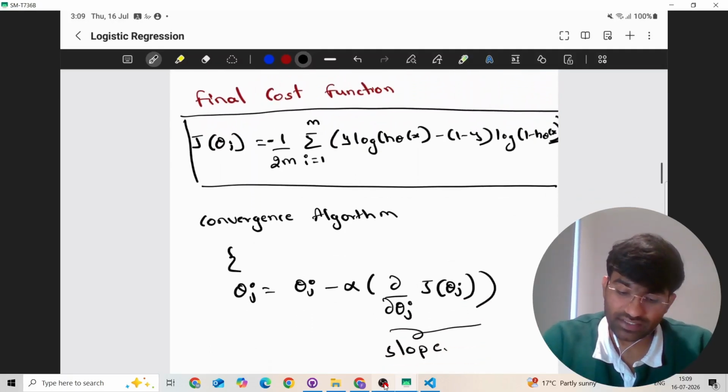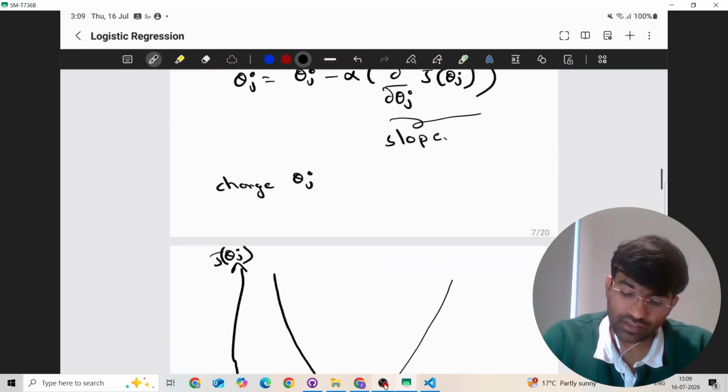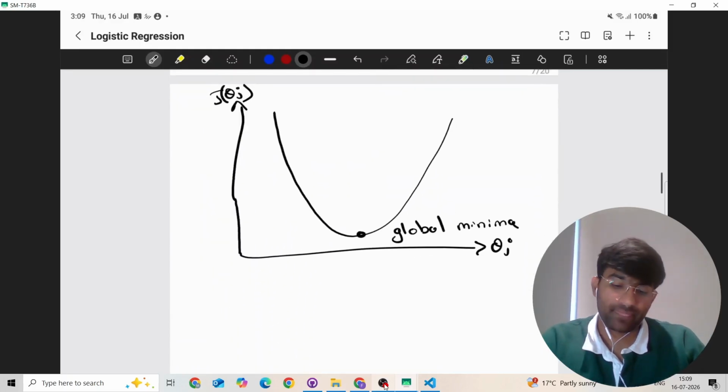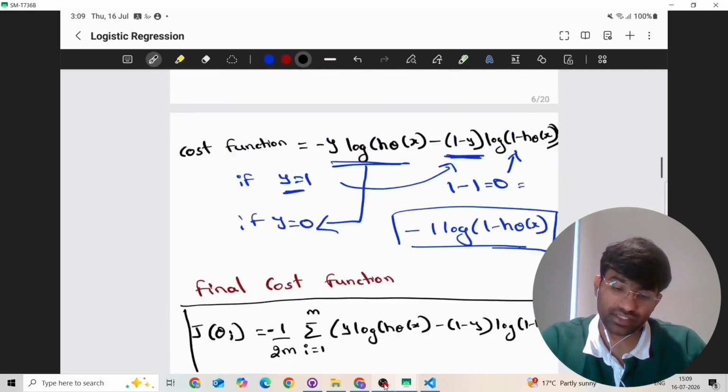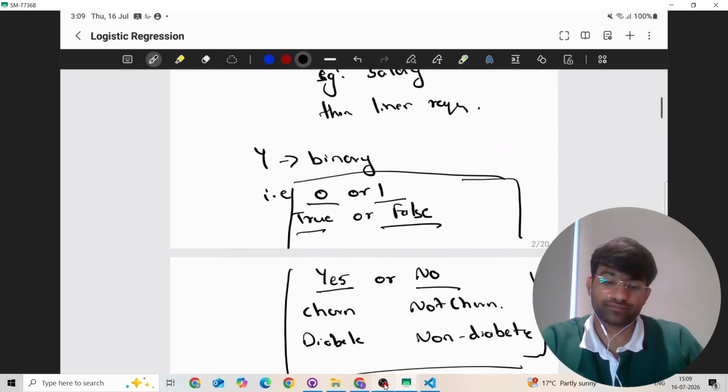And by changing the theta value, we apply the convergence algorithm to find the global minima. That's it. So this completes the mathematical intuition of logistic regression.